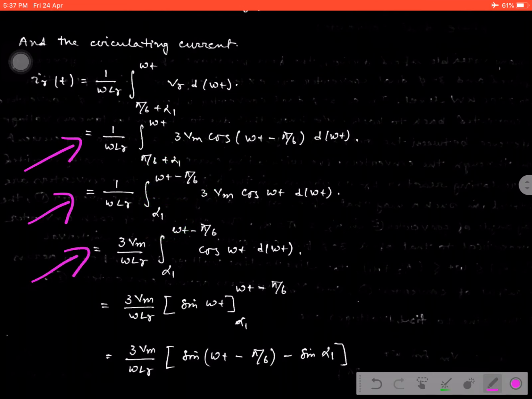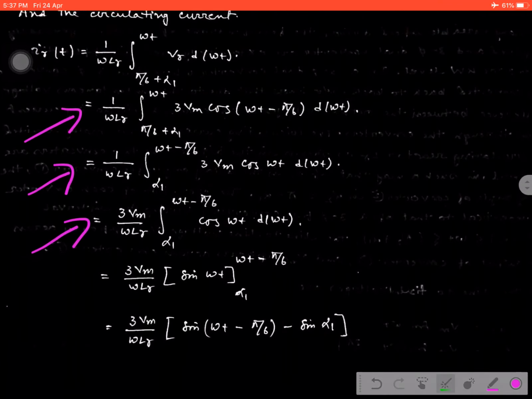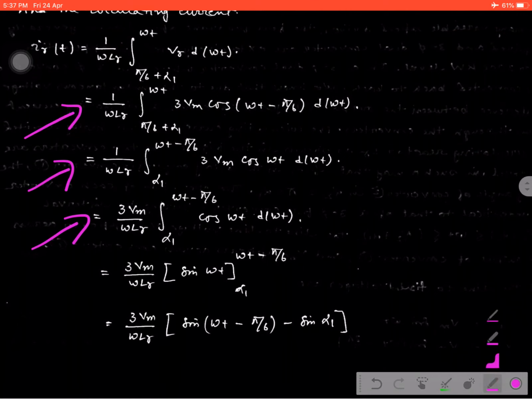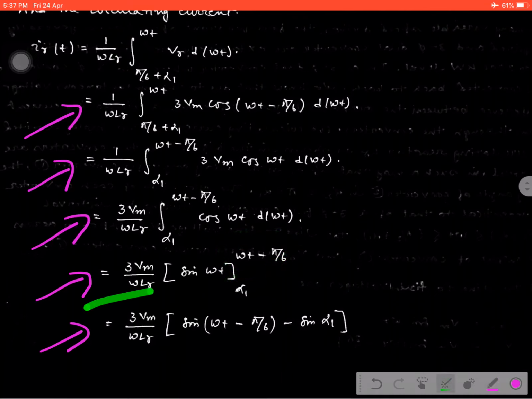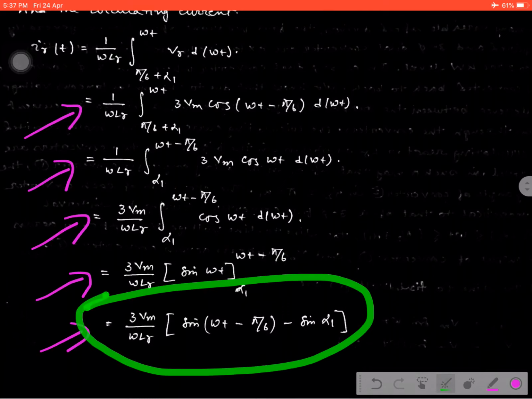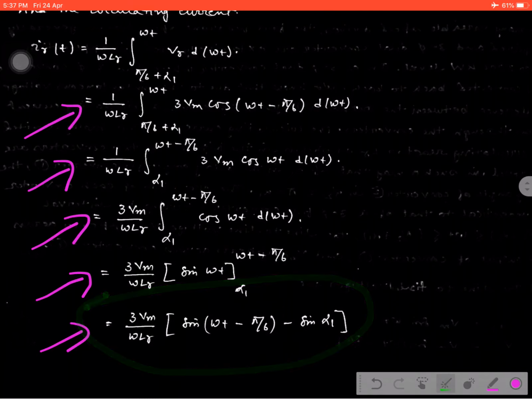So now you can calculate 3 Vm/(ωLR) times the integration from α1 to π/6. We know the integration of cos gives sin, and considering the upper limit and the lower limit, we reach the expression which gives the instantaneous value of the current: 3 Vm/(ωLR) [sin(ωt − π/6) − sin α1].